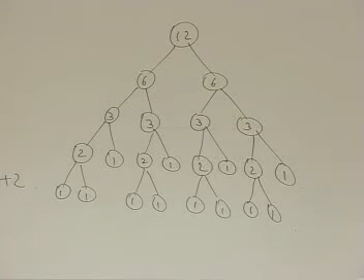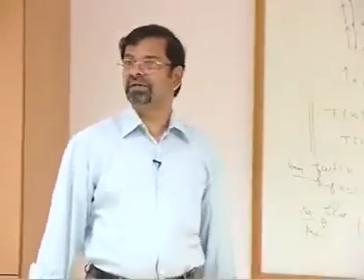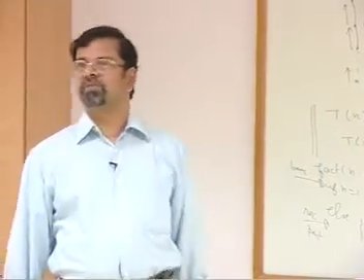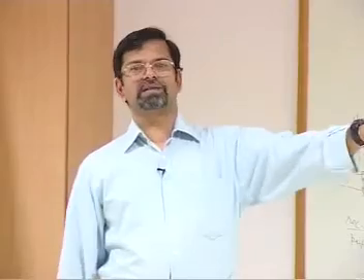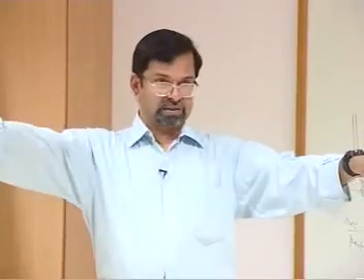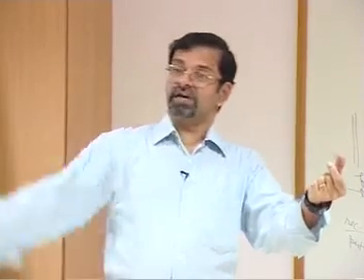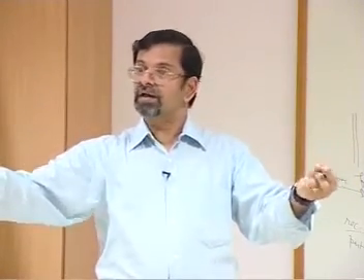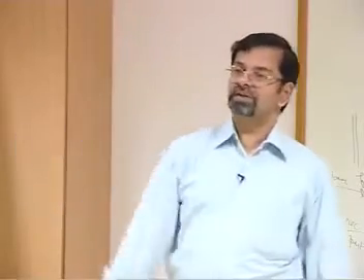So how would you find the minimum and maximum of two elements according to the algorithm that we have written? If you want to find the minimum and maximum of two elements, split the two elements into two parts, one consisting of one element, another one consisting of the other element. Find the minimum and maximum of this element, find the minimum and maximum of that element, combine them to get the minimum and maximum of the two elements.